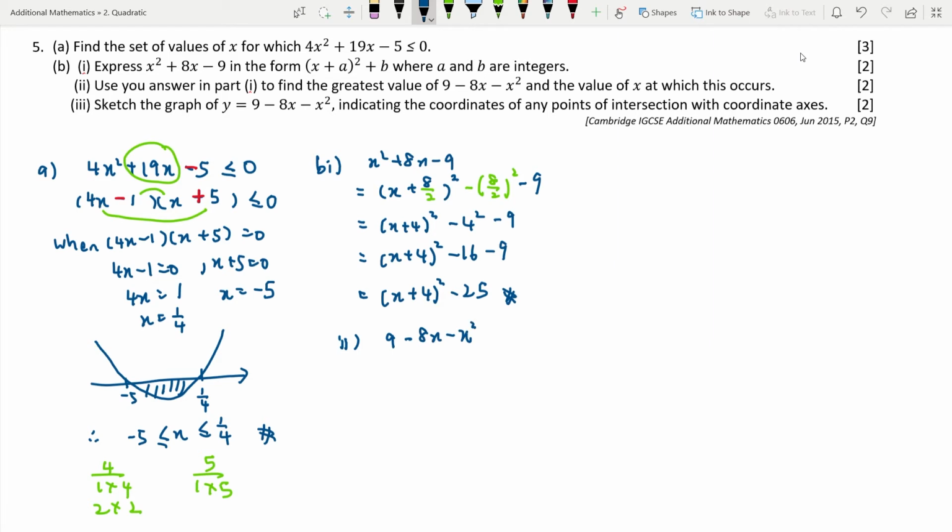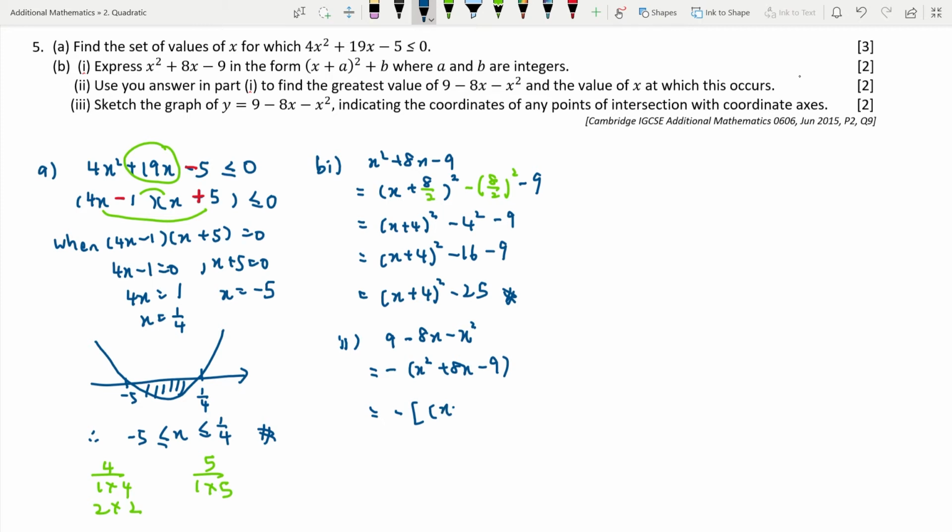If you notice, this expression is exactly the negative of the expression given in B1. Let's factorize out the negative 1 and rearrange it in the general form: negative x squared plus 8x minus 9. Hence, we can use the answer in vertex form that we obtained just now directly.